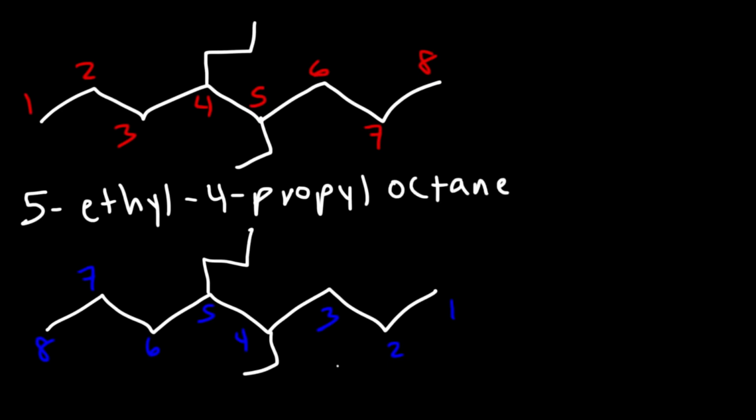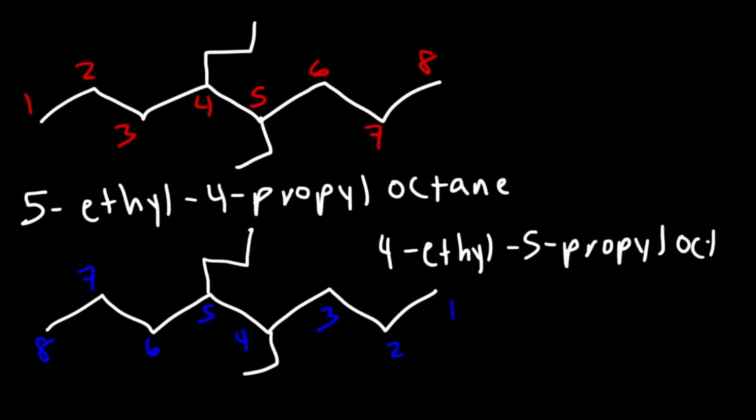Now for this molecule at the bottom, the ethyl is on carbon 4, so it's 4-ethyl, and then the propyl is on carbon 5, so 5-propyl, and then octane. So looking at these two examples, it doesn't matter which way we number it in terms of the numbers that we have, because we do get the same numbers.